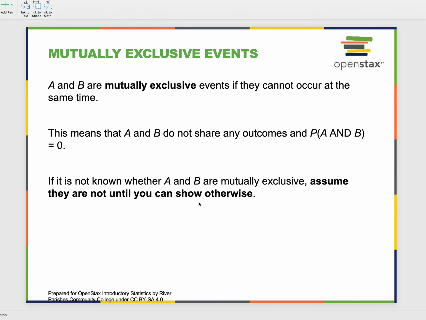It means the events cannot occur at the same time. This means that A and B do not share any outcomes. The probability of A and B is 0. Well, I don't know about that.